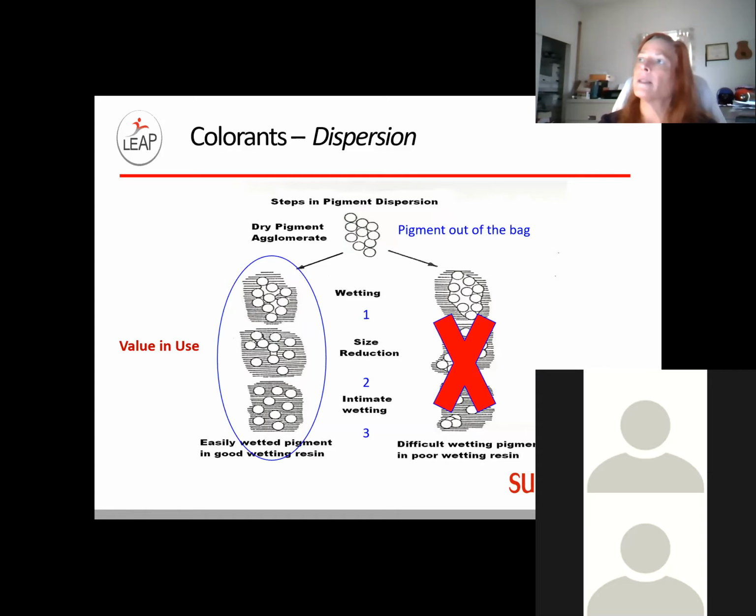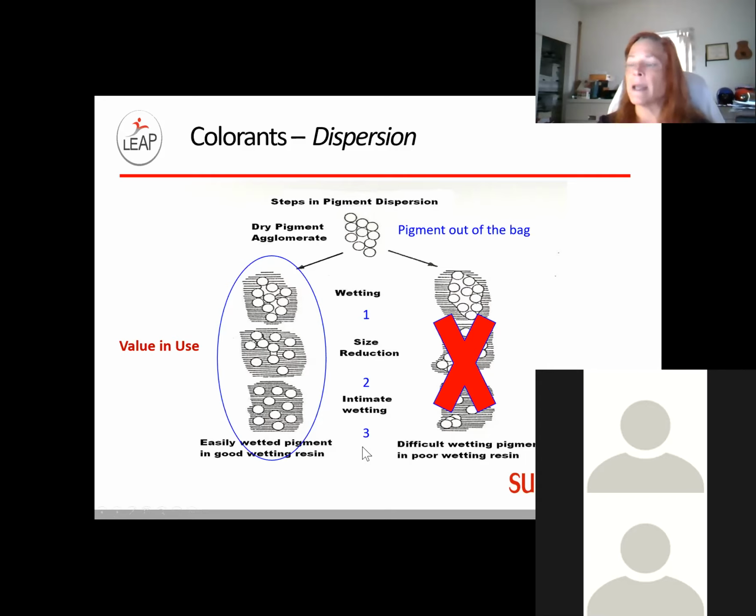Also, this is a slide we've seen before, and it refers to the dispersion process. As I mentioned earlier in the talk, the high performance pigments clearly need to be viewed as a value in use versus just a traditional cost per pound.